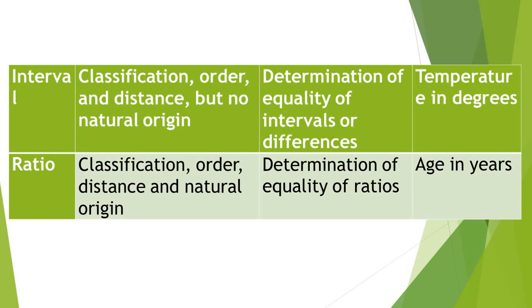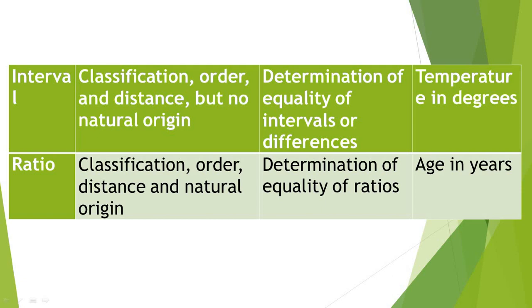Ratio has a classification, it has the order, it has the distance, and a natural origin. In its characteristics, it allows the determination of equality and ratio.